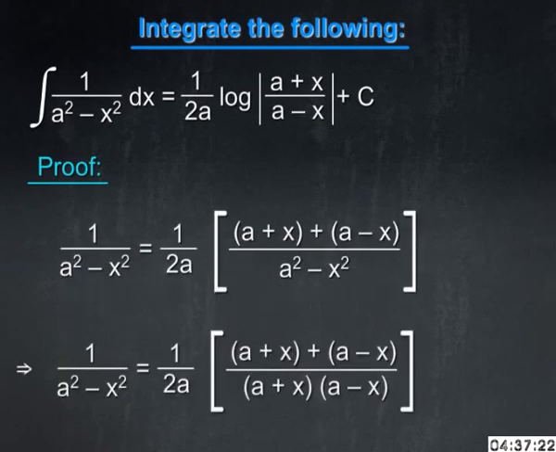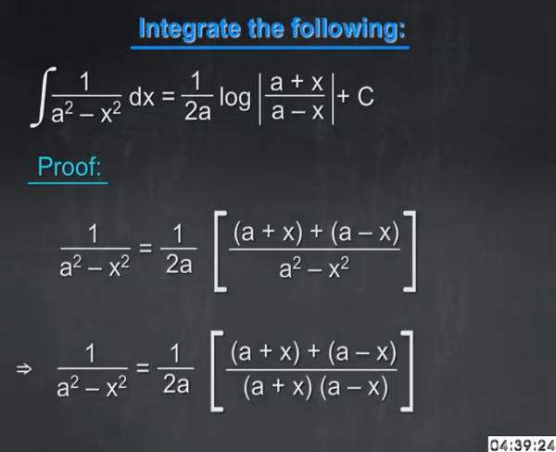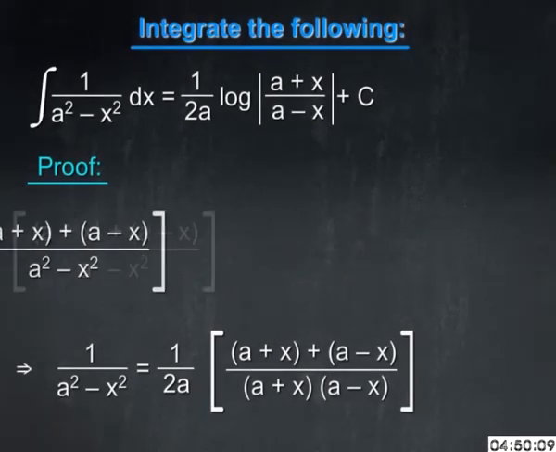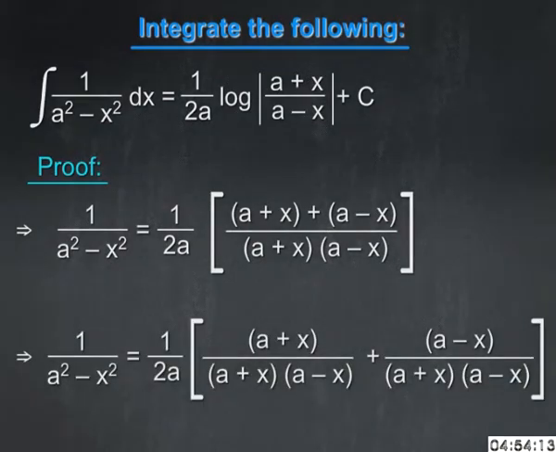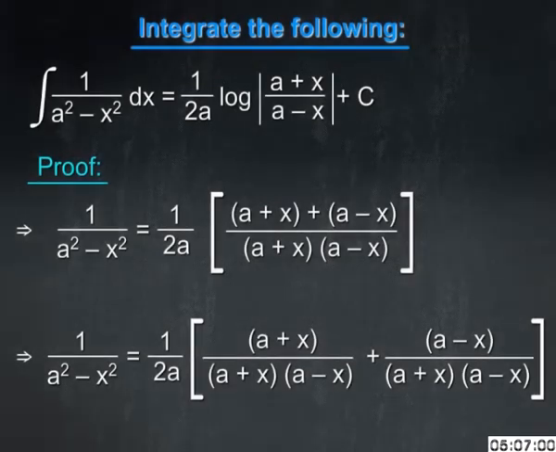or 1 upon a square minus x square is equal to 1 upon 2a whole multiplied by a plus x plus a minus x upon a plus x into a minus x. Further, it can be written as equal to 1 upon 2a whole multiplied by a plus x upon a plus x into a minus x plus a minus x upon a plus x into a minus x.